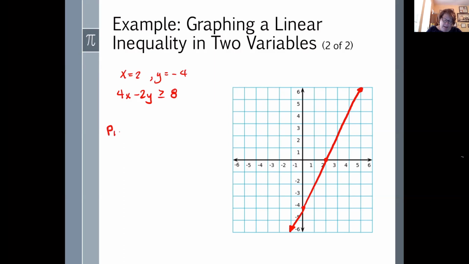And you can pick any test point that you want as long as it's not on the line. Okay, so the easiest one to test, if I look at this, is 0, 0. Now, I could certainly pick another point besides 0, 0, but that just seems to be the easiest one for me to test. So I'm going to plug that into my inequality.